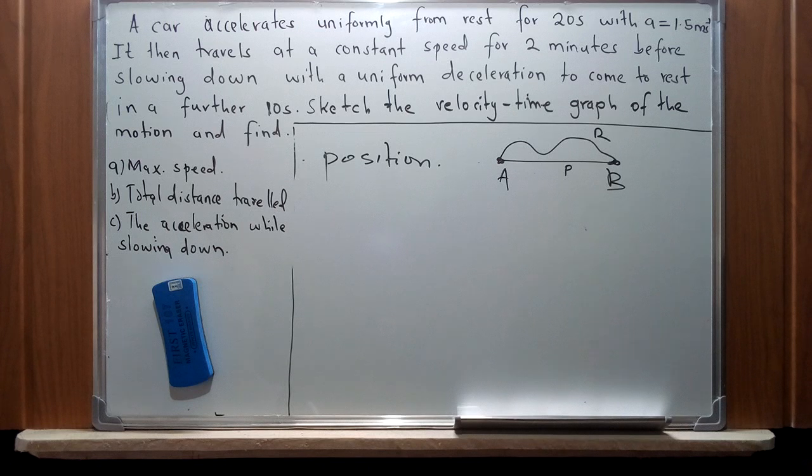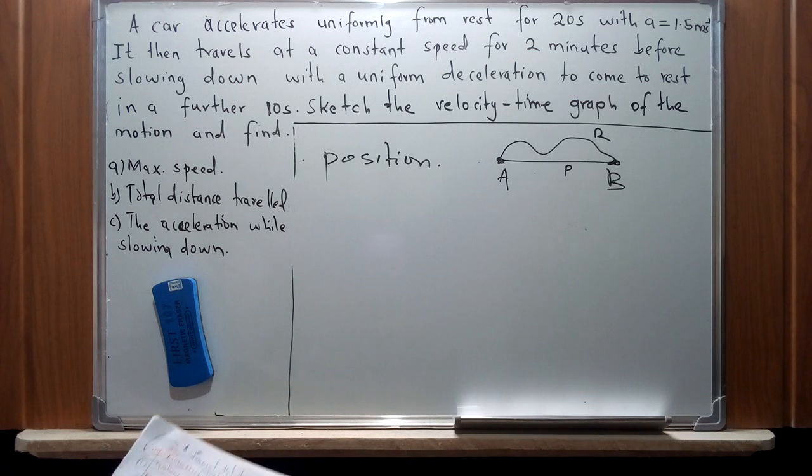But if I use a straight line, which is the shortest distance between A and B, represented by P, then that will be referred to as displacement. Therefore, the difference between displacement and distance is that distance is how far you travel regardless of the direction, whereas displacement is where you are in relation to where you started.